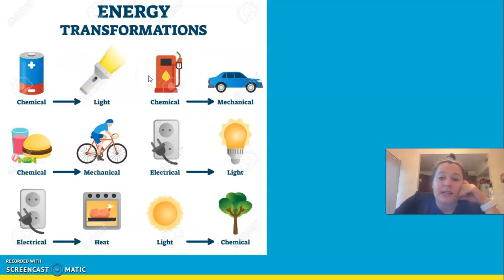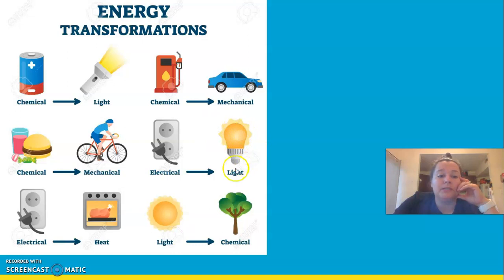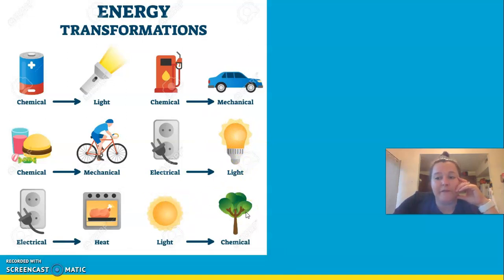Gasoline is a chemical source of energy that we put in our cars to give them motion, which we call mechanical energy too. Same thing with our food. Our electricity gives us energy for cooking our food and also lighting up our homes. And the sun gives the producers energy to store food.